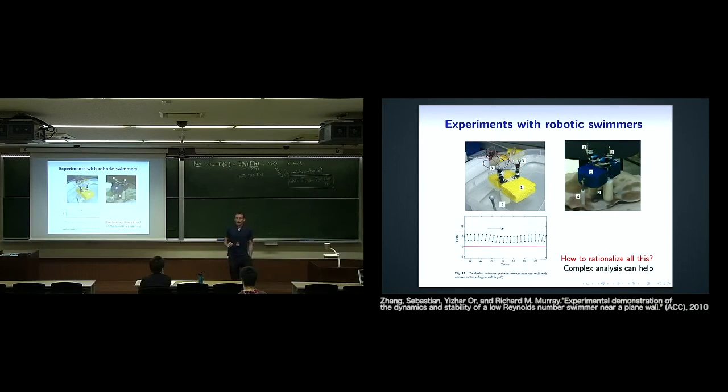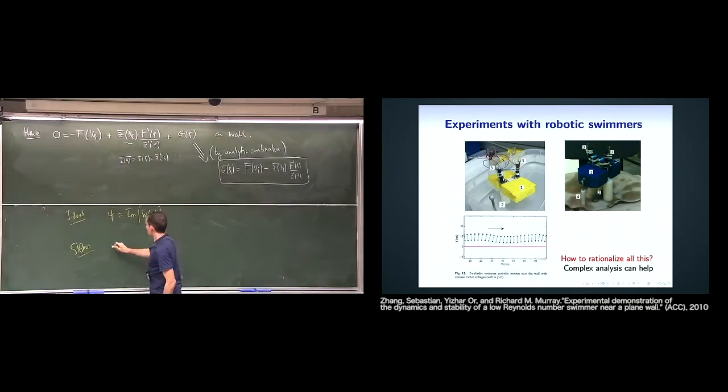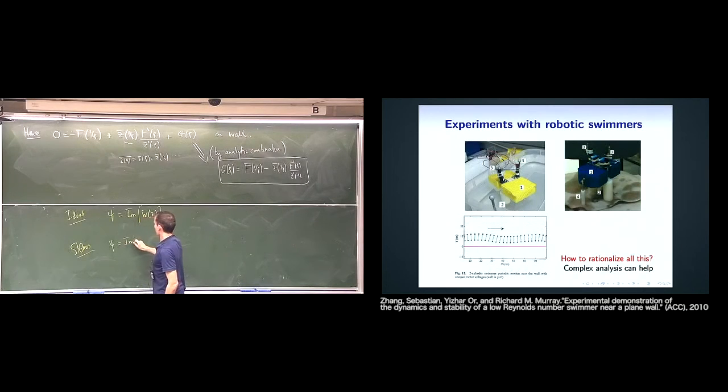Here's what we're going to do. We know we can describe Stokes flows with F and G. These are the two situations.